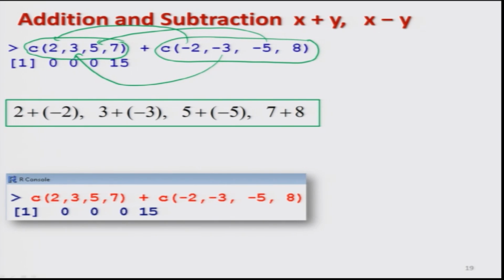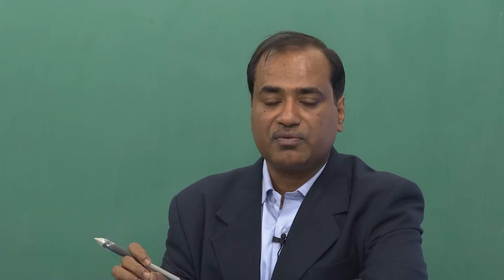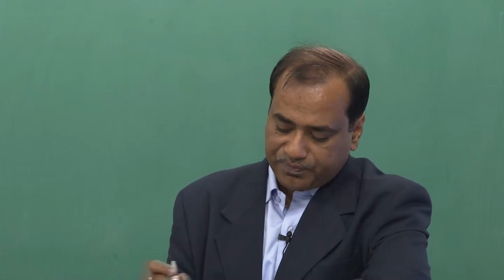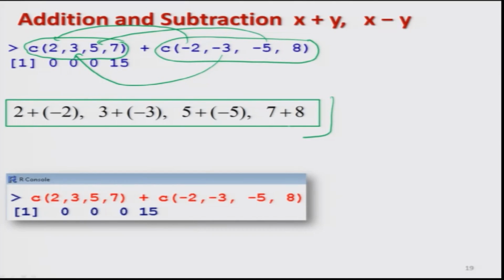So, again the same rule continues here, that the respective positions' values are being added. So, this is the operation happening here: 2 plus minus 2, 3 is added to minus 3, 5 is added to minus 5, and 7 is added to 8, and we get this screenshot. So, the rule is similar to what we have done earlier.